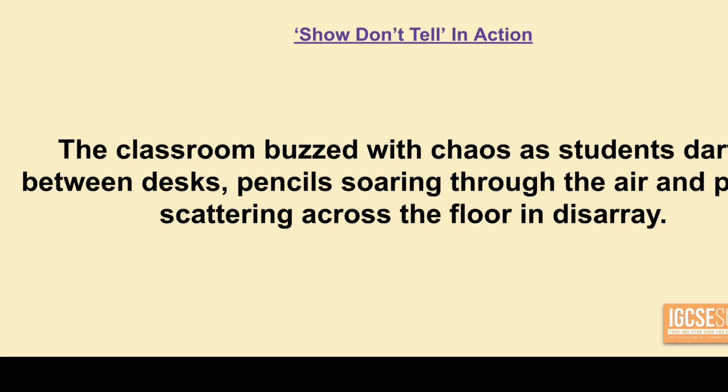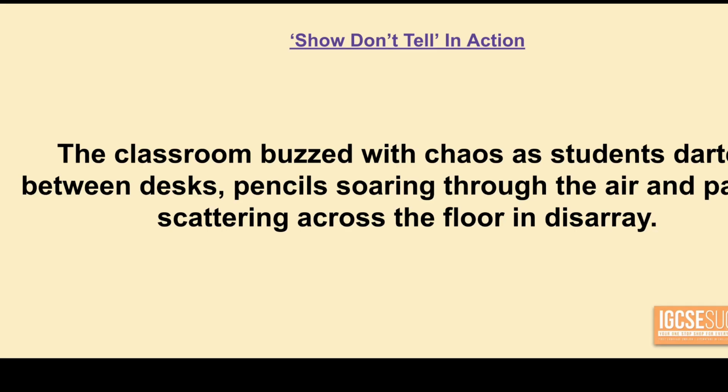I've decided to use that verb buzzed, which immediately gives an auditory image of noise and, I guess, confusion, as if the classroom is alive with activity. Now the word chaos sets the tone for the scene, and it very much suggests an environment full of disorder and unpredictability, and it's a strong and dynamic opening that, I guess, primes the reader for the chaotic energy to come.